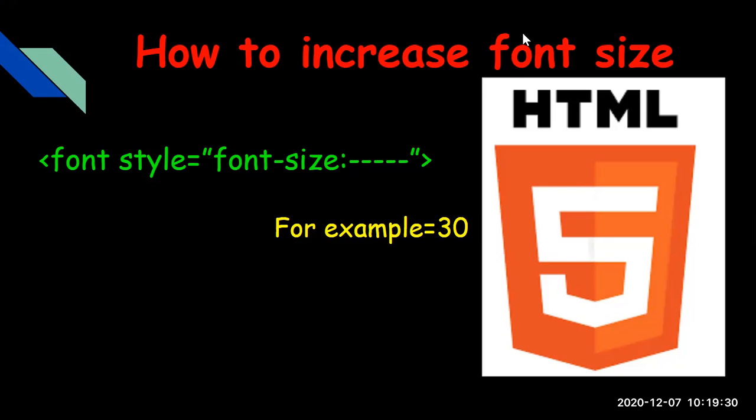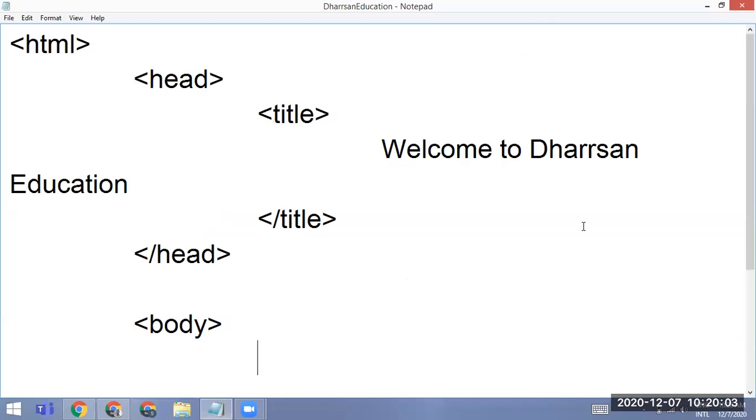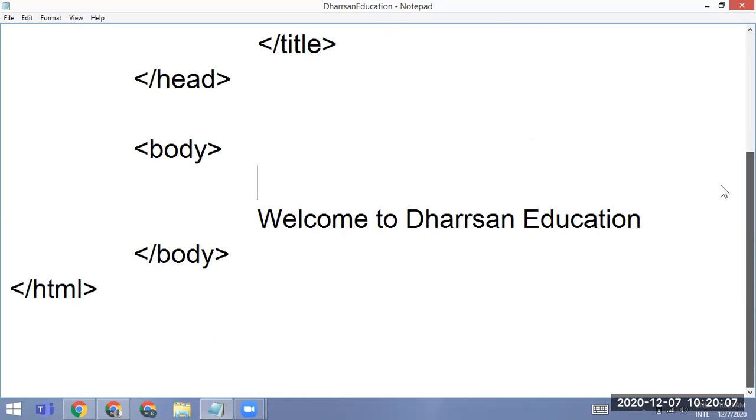Now let's try a practical in a notepad. In the previous part, we learned how to make an HTML document. We have to insert a font size tag before the text we want to see the change in size.